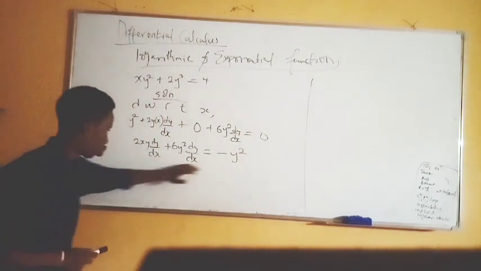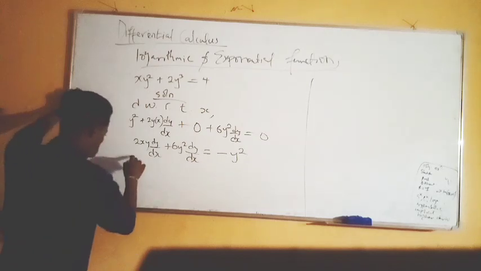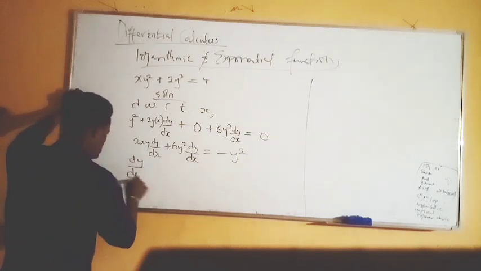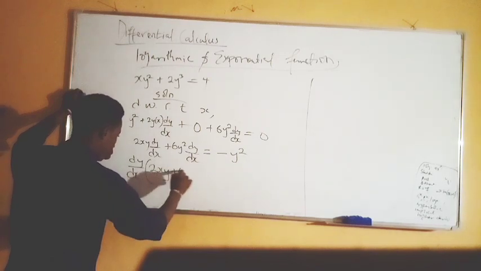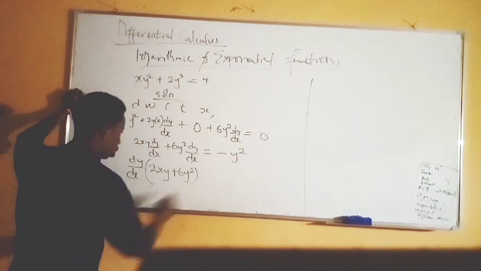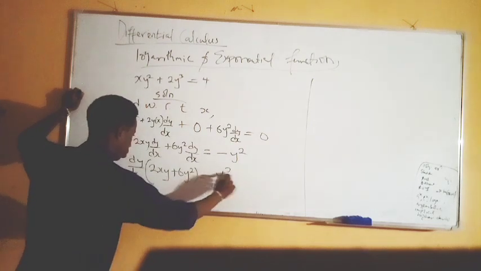The dy/dx is the common factor here. So dy/dx into 2xy plus 6y squared is equal to minus y squared.